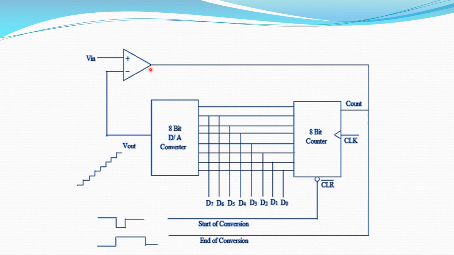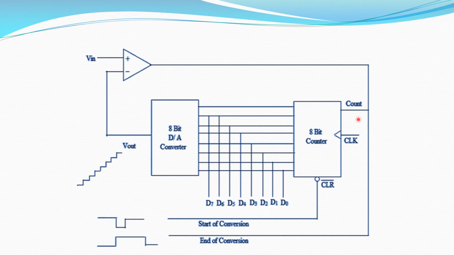Therefore, it sets a high output. So the output of this comparator is high. That is our C count. Now we can see that the control input for 8-bit counter is high. So when clock arrives, now this counter starts counting from 0.